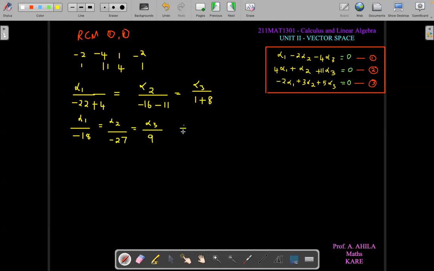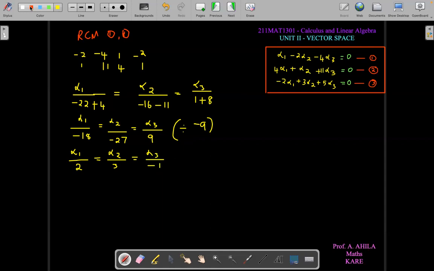So we can divide by 9 or minus 9. I divide by minus 9. If I divide the denominators by minus 9, this is alpha 1 by 2, here alpha 2 by 3, and here alpha 3 by minus 1.